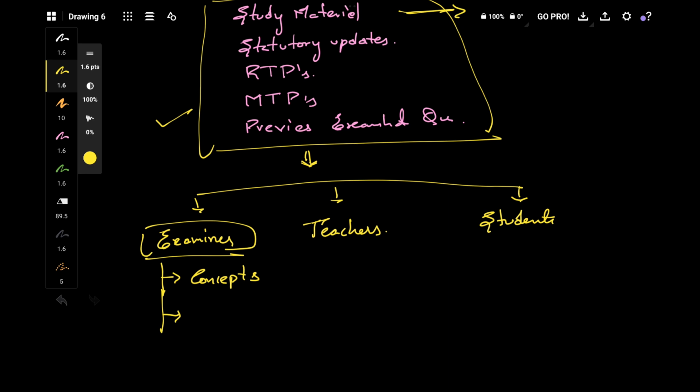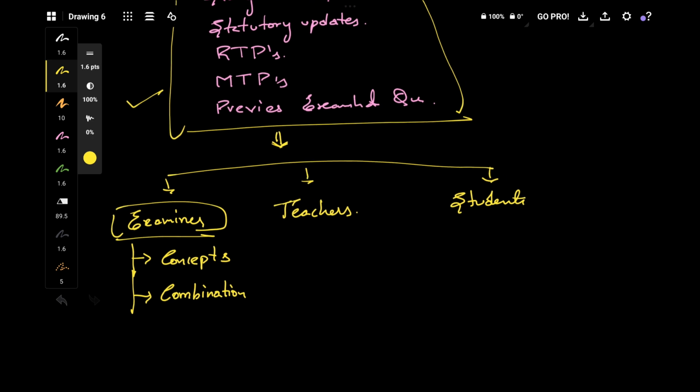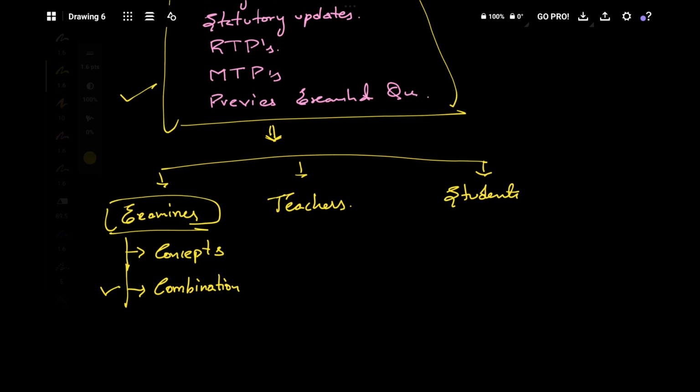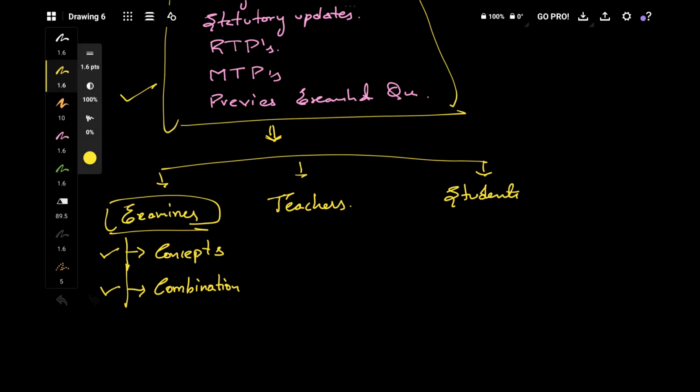Or he may take 2-3 concepts and ask you in different combinations. That's where students get confused. If you are thorough with the concepts, it will be very easy for you to answer the combinational questions. We'll try to focus on these combination questions and concepts too, don't worry.